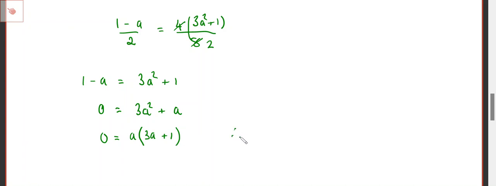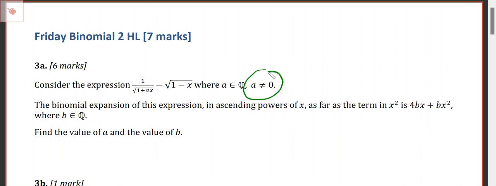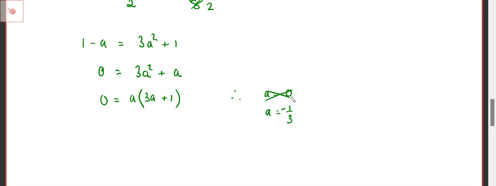So then we can get a can equal 0 or negative 1/3. Are you going to leave that as your answer for a? Oh yeah. Okay, so a is negative 1/3. Now, I will tell you, because I've seen the mark scheme, that if you write 0, you lose your answer marks for a, because it's not a valid answer. Right, and you lose them.